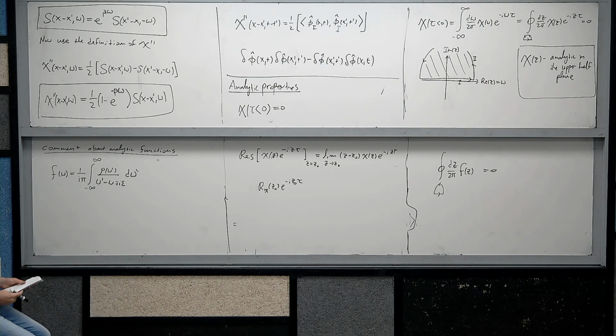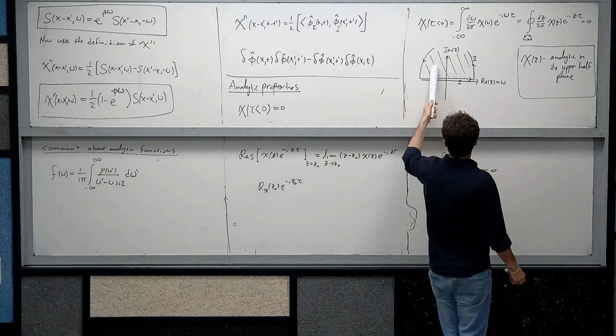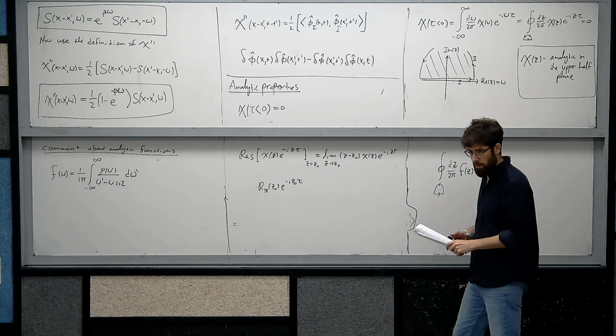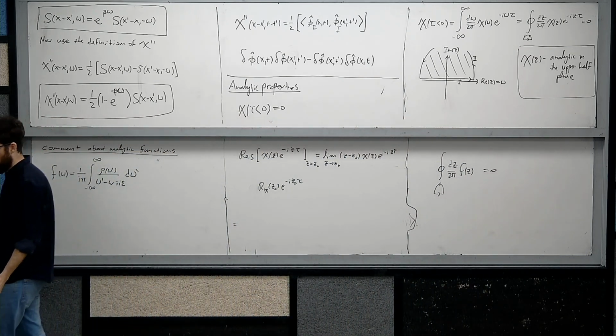Okay, let's continue next week. What we have left to do in linear response theory is I want to show you a Kramers-Kronig relation. Because of this analyticity, you know that analytic functions have a special relationship between the real and imaginary parts.